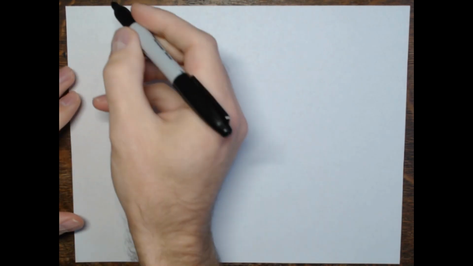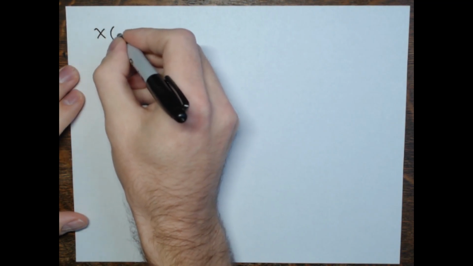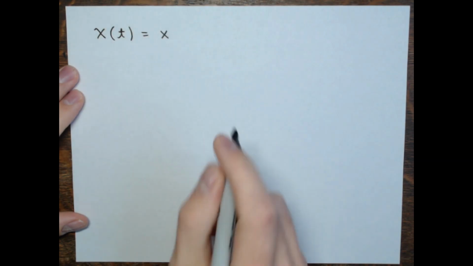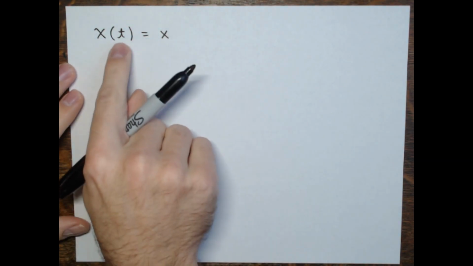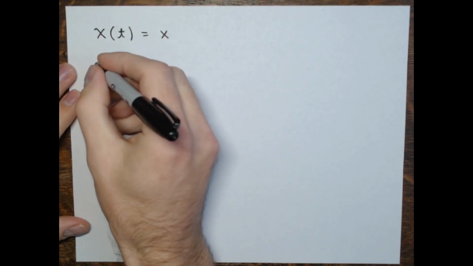Before I get to the second derivative, of course, I should talk about the first derivative. If we're given parametric equations, x of t tells me the x coordinate for some parameter t, so x depends on t somehow.